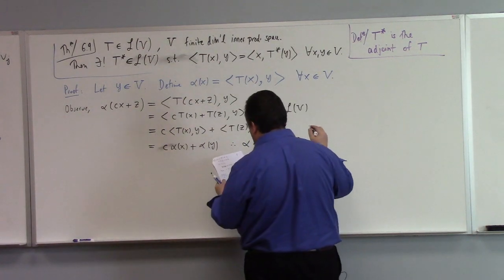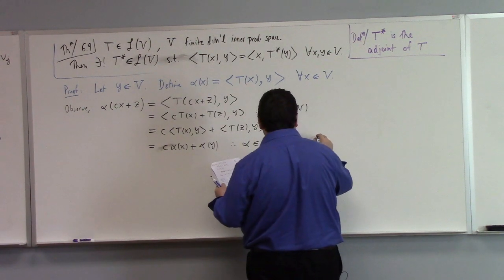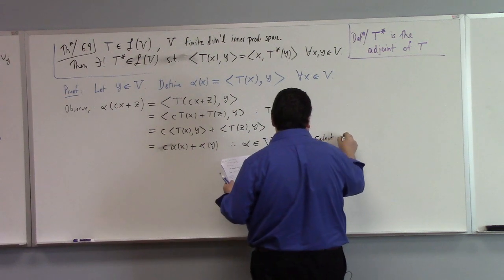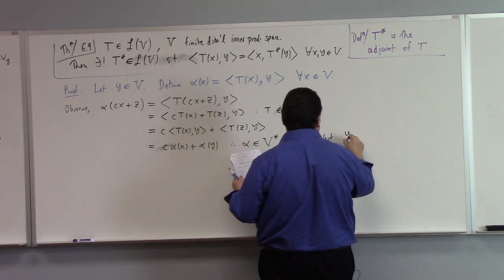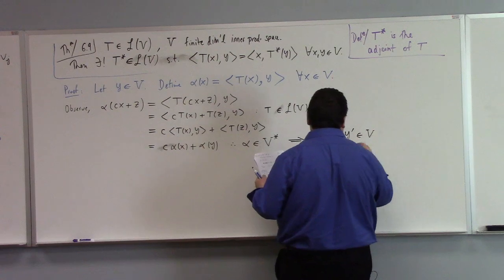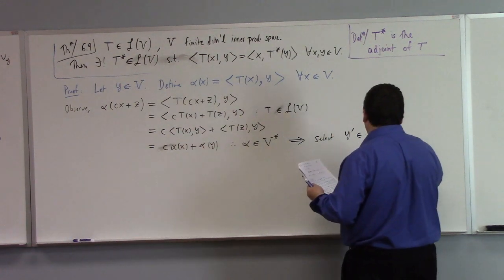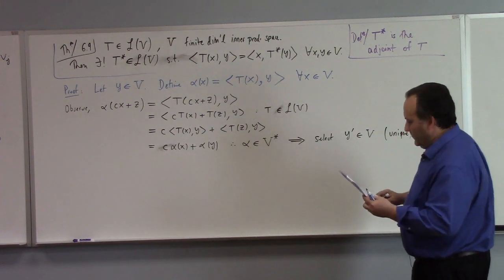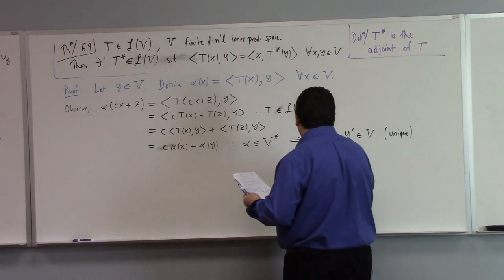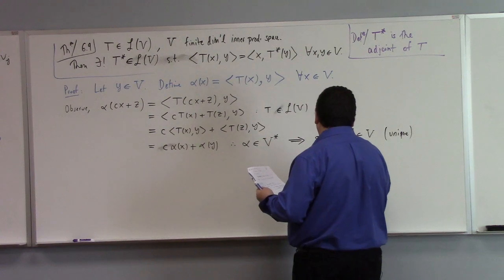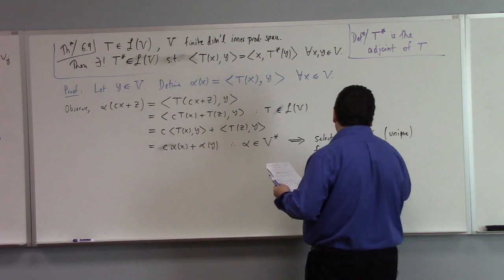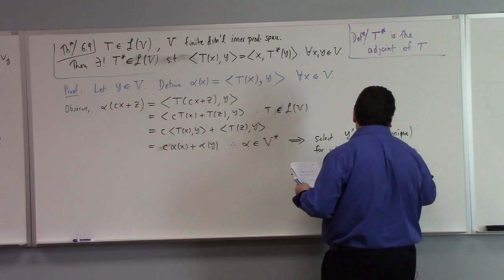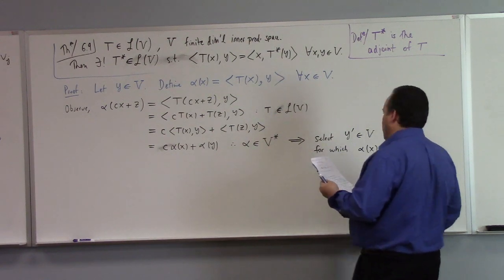So yeah, we can select y prime, an element of V, unique, for which alpha of x equals what? The inner product of x with y prime, right?